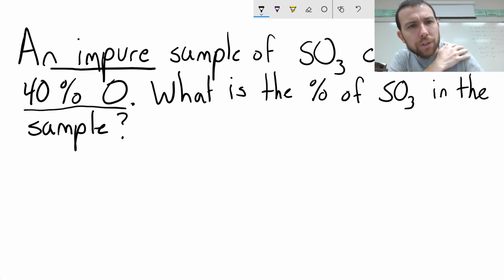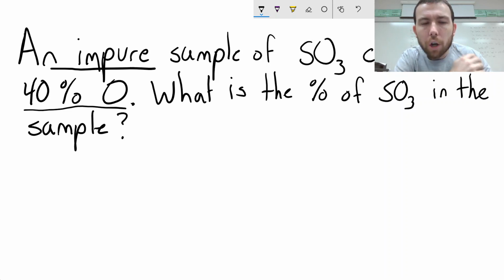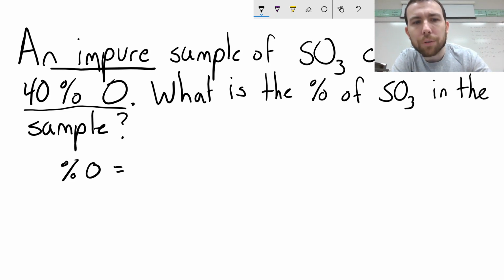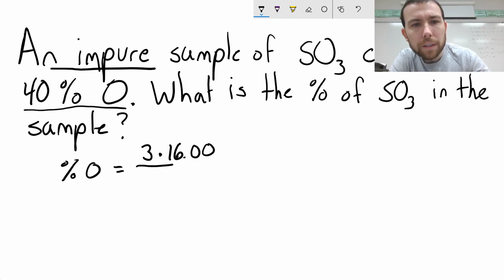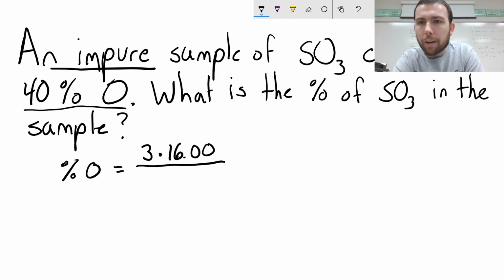If you remember, in order to do percent composition, the percent of oxygen is going to be equal to the number of oxygen atoms we have in the compound, which in this case is 3, times the molar mass of that substance, which is 16, divided by the total mass of our compound.